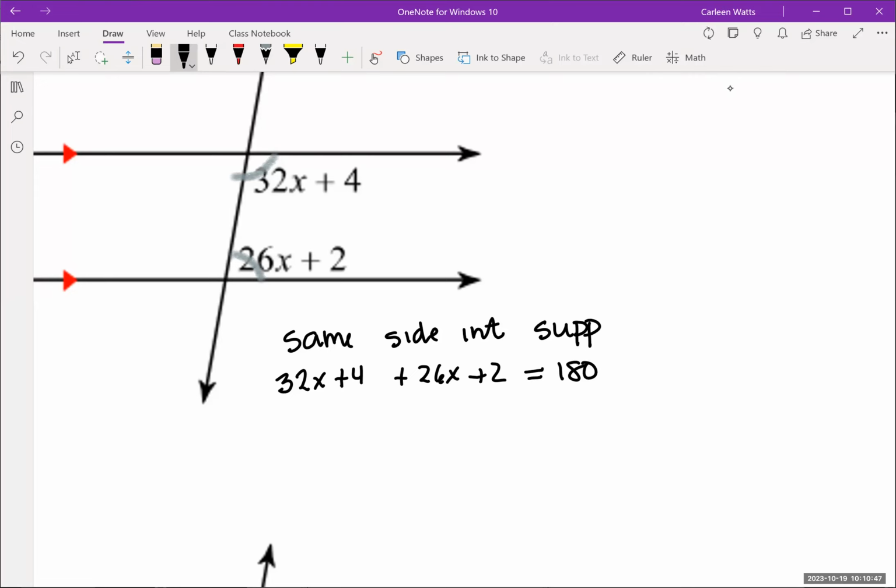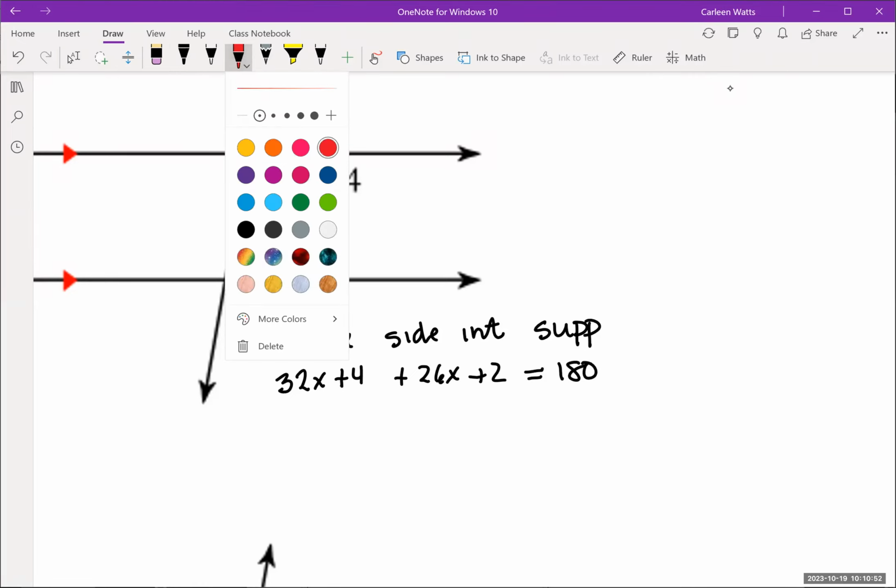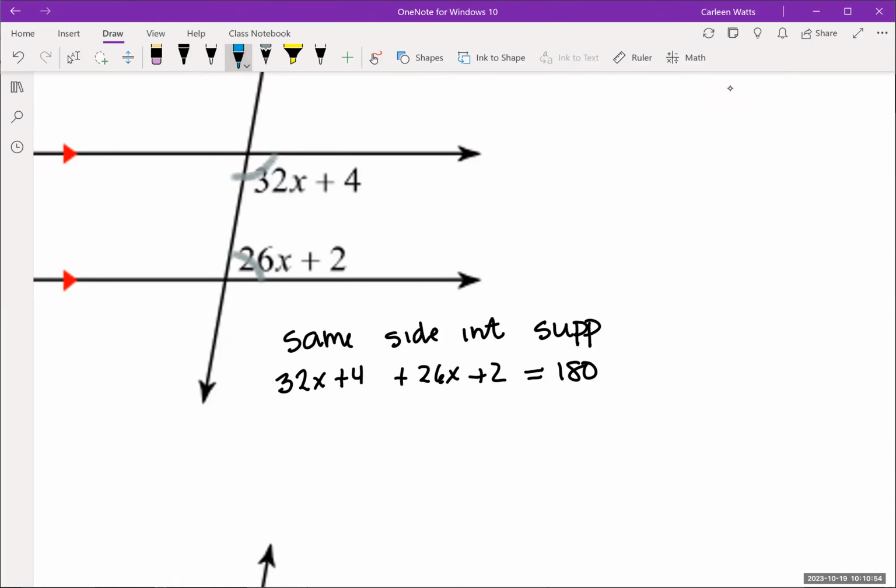Okay. So draw a line down the equal sign. Take a look at your x's. Do we combine like terms or isolate and move the one that's on the wrong side? Combine. All right.